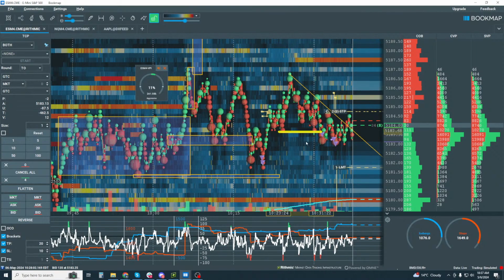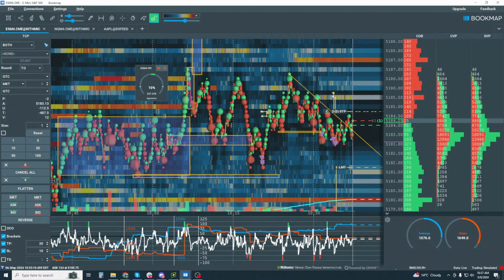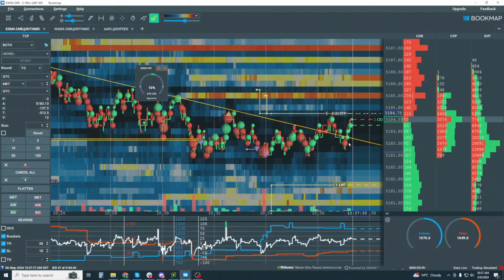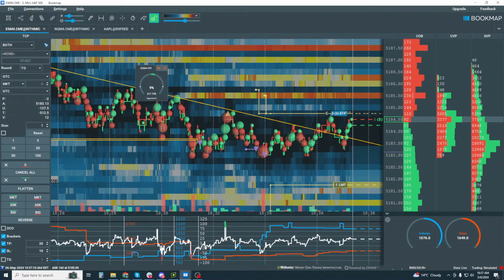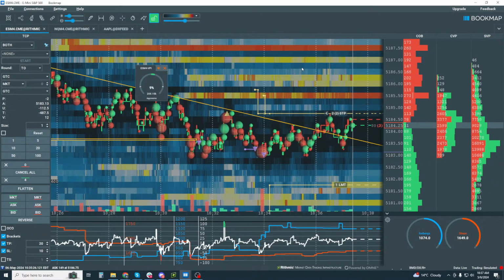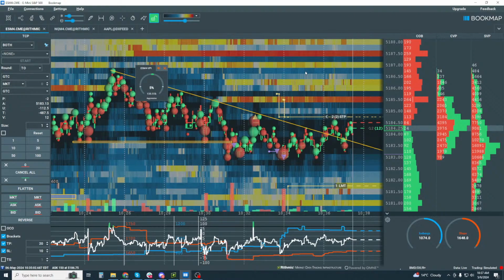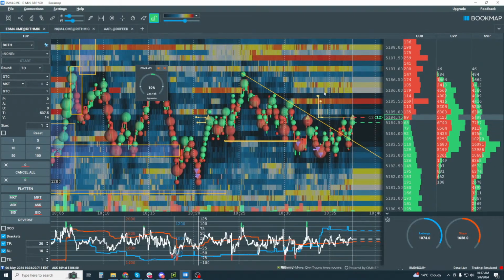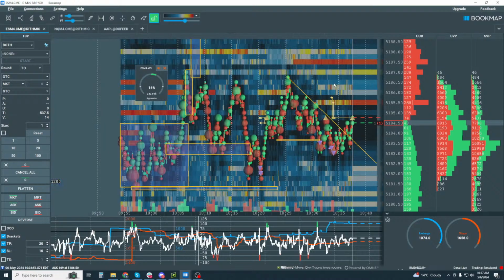Again, we're just looking in this range for a retest back down to here. That's it. And it doesn't look like the market's going to give it. We just made a higher low in here, so we're likely to get stopped out again. So our range bound ideas here are not working well for the morning.